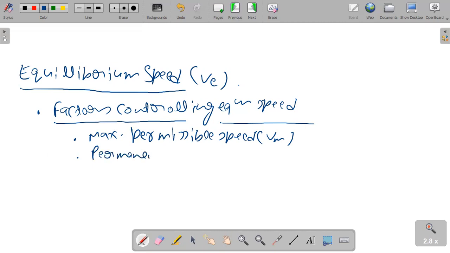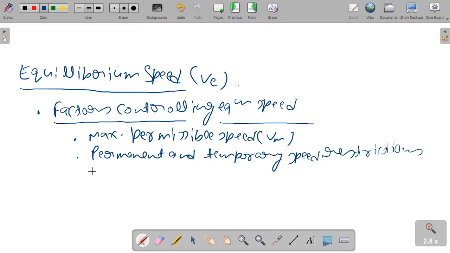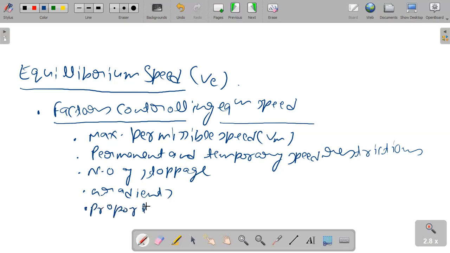Another is the number of stoppages and gradients, and the proportion of slow and fast trains also.